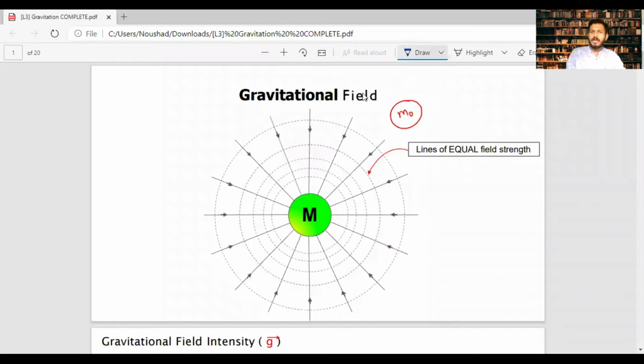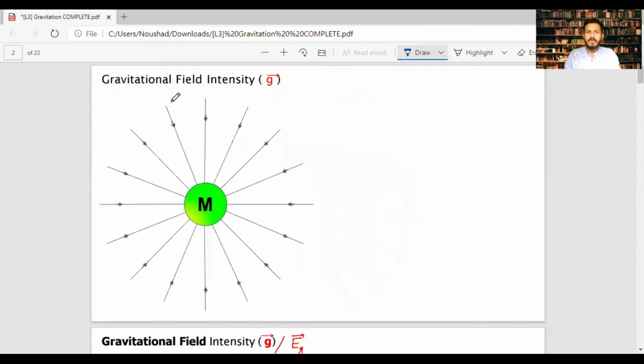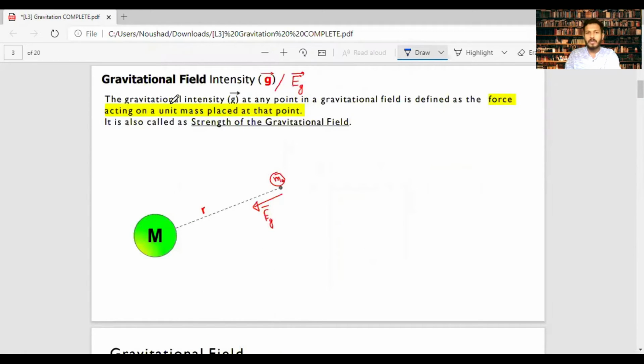Clearly, the gravitational field concept arises from the gravitational force F equal to G m1 m2 by r square. We have already discussed that. What is meant by a gravitational field? It's a very simple topic.